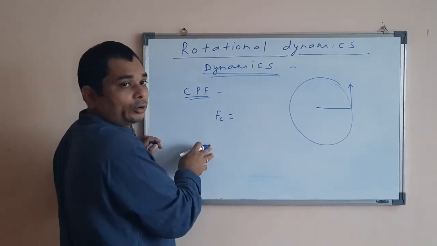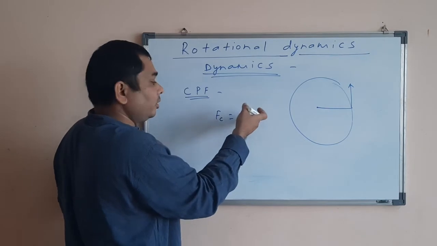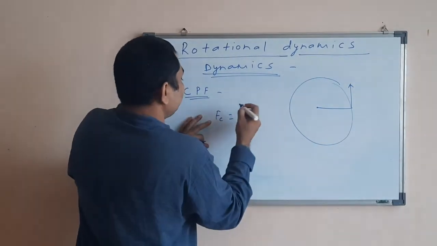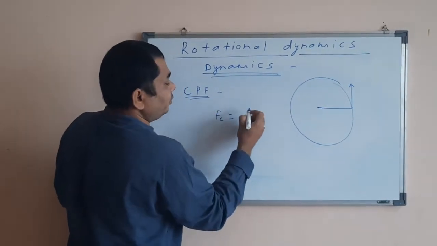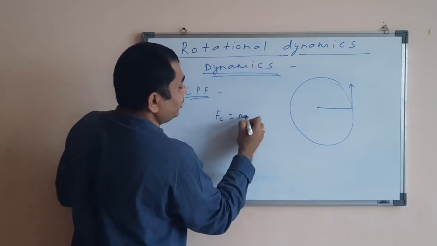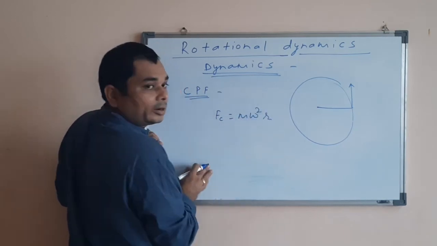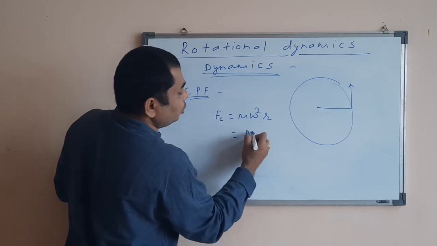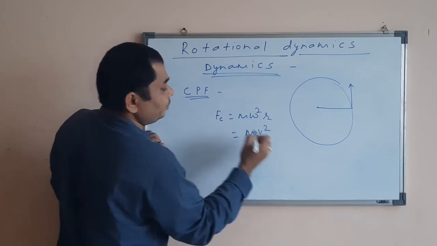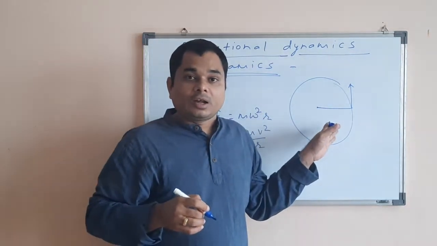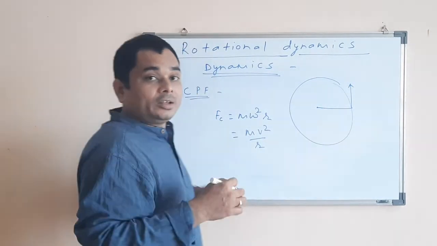This centripetal force is equal to what? Force is equal to mass into acceleration. We had seen the acceleration. So the magnitude of this centripetal force will be equal to m omega square r, or this is also equal to m v square upon r. The direction, as you are aware, is always towards the center of the circle.